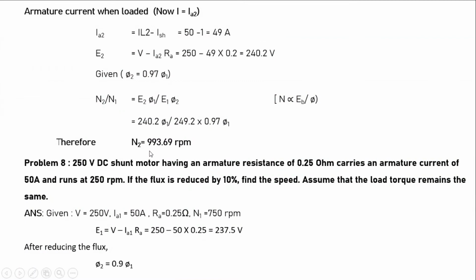If we do N2 by N1, we get E2 phi1 divided by E1 phi2. So E2 240.2 into phi1 divided by E1 249.2 into phi2, and 3% has been reduced, so 0.97 phi1. From this we can calculate N2 as 993.69 rpm.